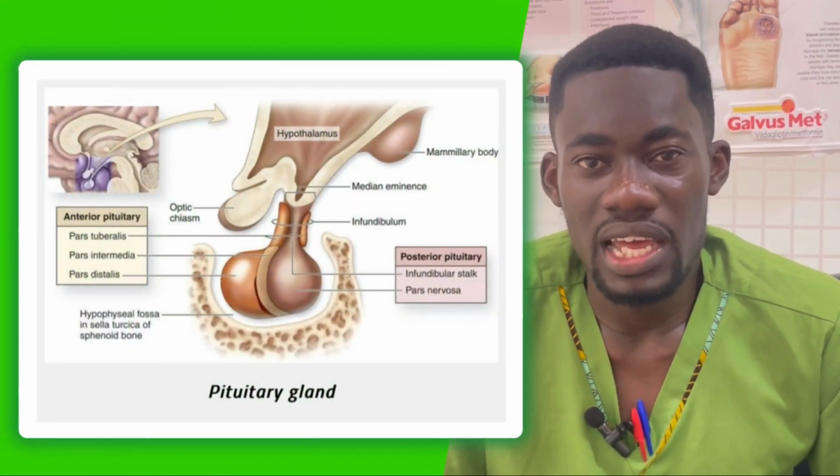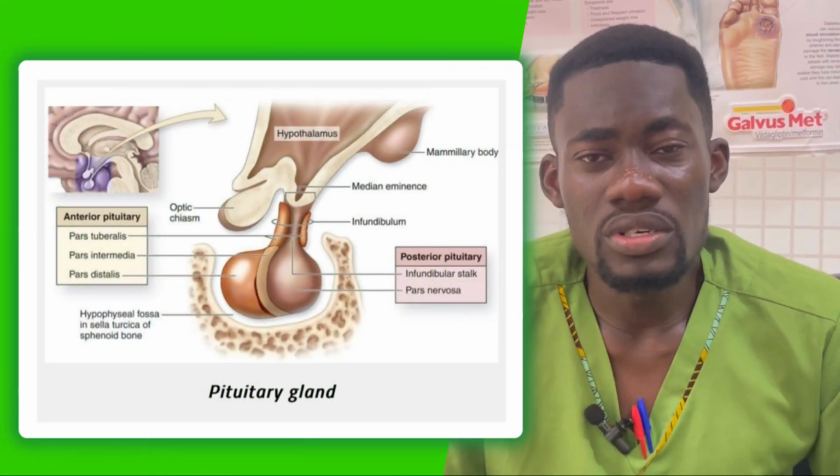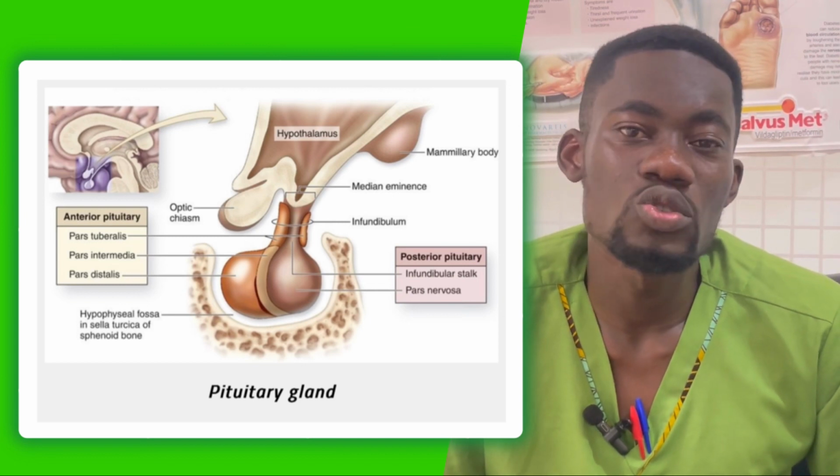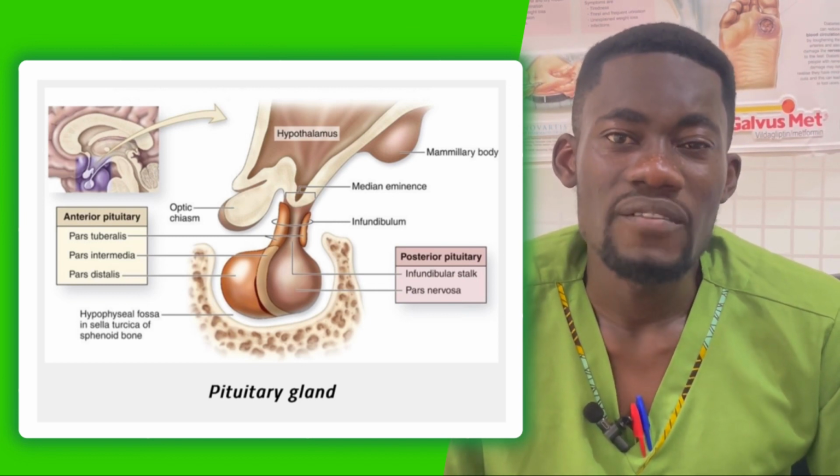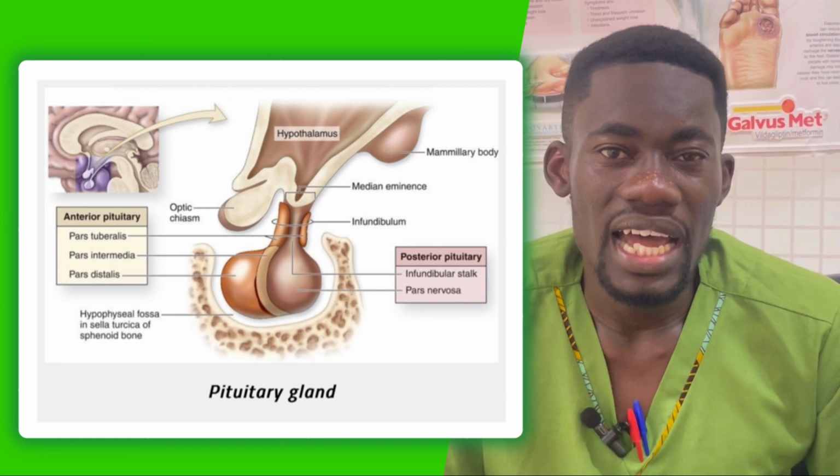And so the supporting system that it uses to store these hormones is the pituitary gland. When you take the pituitary gland, it has two main divisions: the posterior lobe and the anterior lobe.